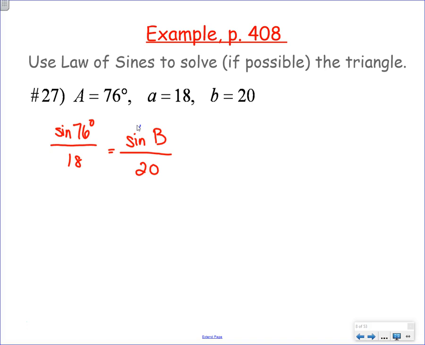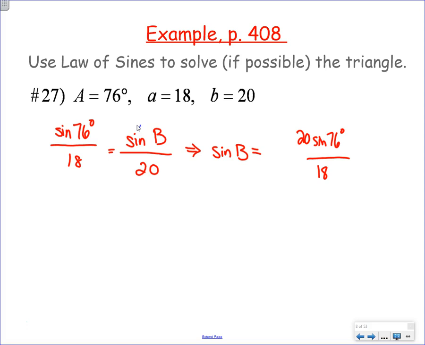Wouldn't the math tell you to check two cases when you go to the sine inverse place? Because the only way to solve for angle B is to get the sine B alone, and the only way to get B alone is to take a sine inverse.